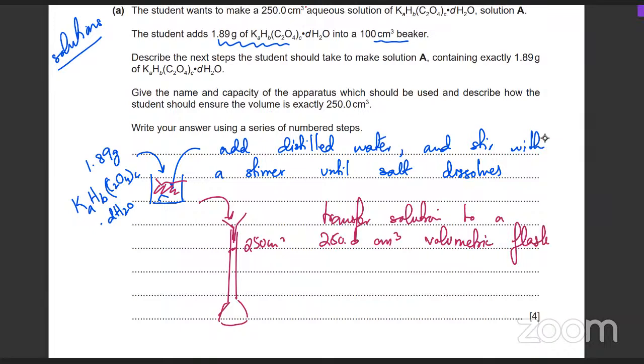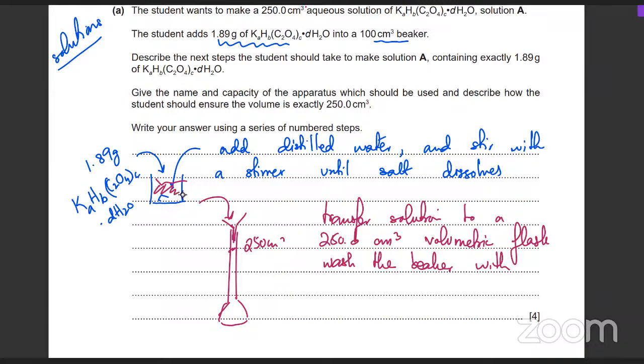Once that is done, your beaker is empty. So wash the beaker with some distilled water, because you don't want anything left over here. You're going to clean the beaker a little bit.